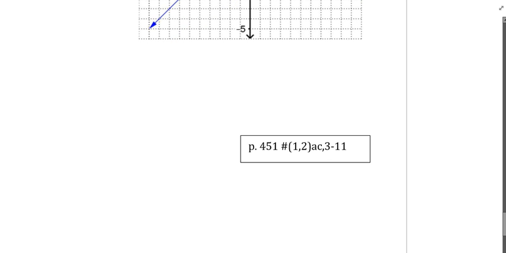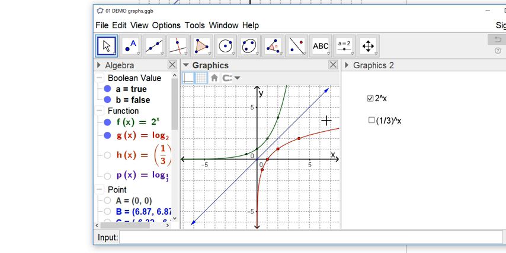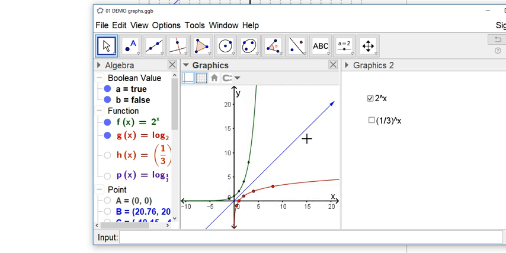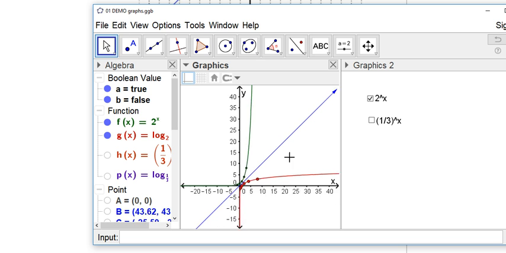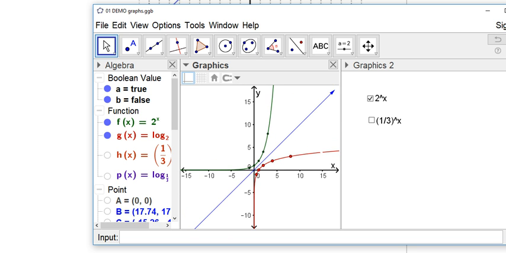Any questions about that? There's your homework. We're going to do more graphing of this next week. Here, if we want to zoom out a little bit, to see what they look like. So that one I think is fairly straightforward. There's the two.